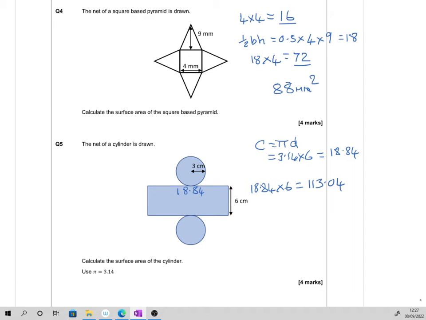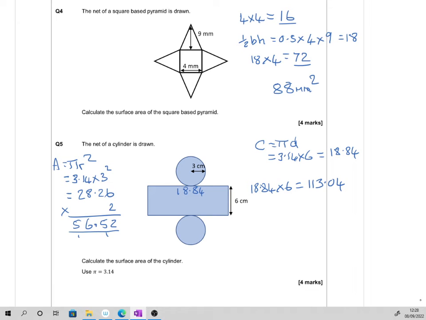Now we have to work out the area of the circle. Now the area of a circle is pi r squared, which is 3.14 times the radius 3 squared, which is 9. So 3.14 times 9, which is 28.26. Now there's two of them, so we need to multiply that by 2, which is 56.52 are the circles.